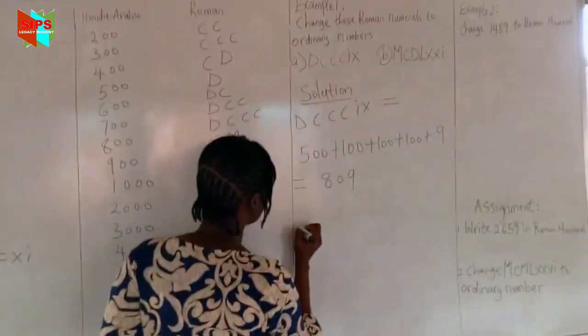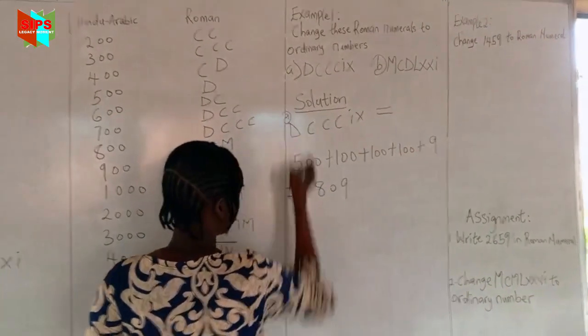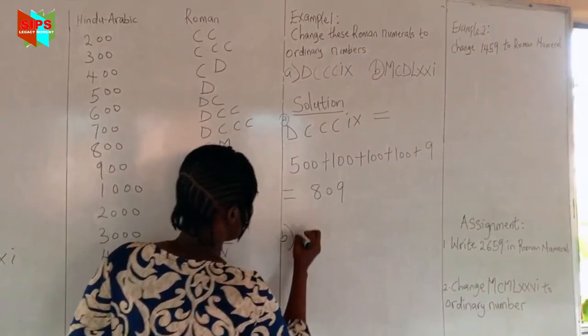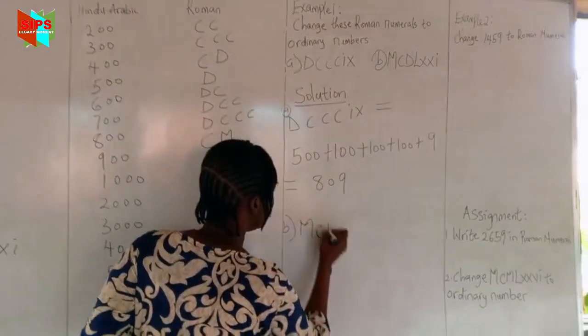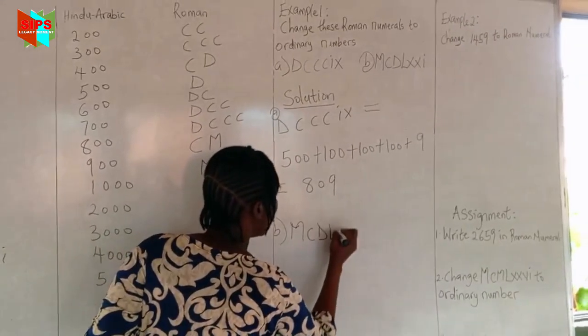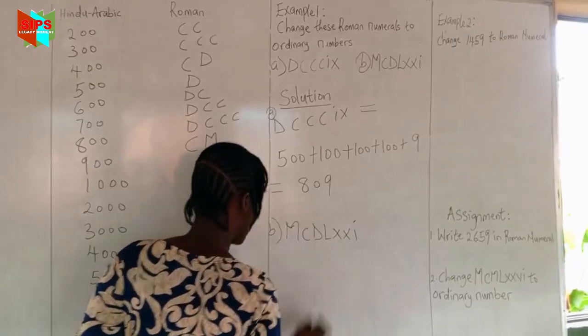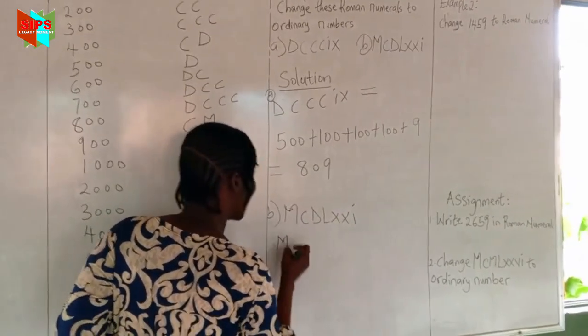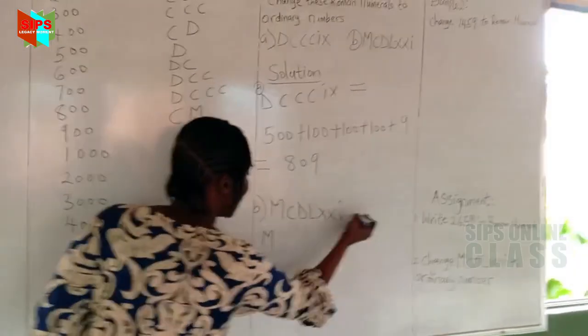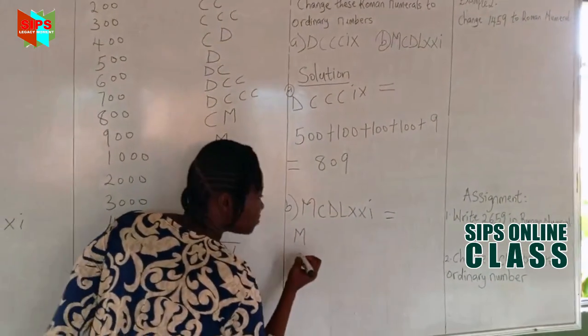Moving on to the B part, we have our MCDLXXI. You can just highlight this method, and you can use the other method too. Just let it be in vertical.